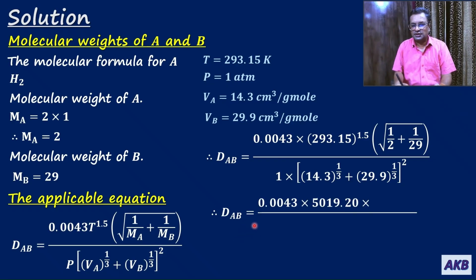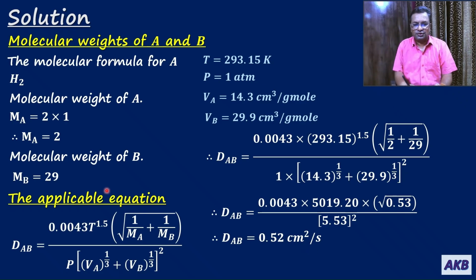So that gives us DAB as 0.0043 into 5019.20 into under root of 0.53, divided by 5.53 square. That gives us DAB as 0.52 centimeters square per second.